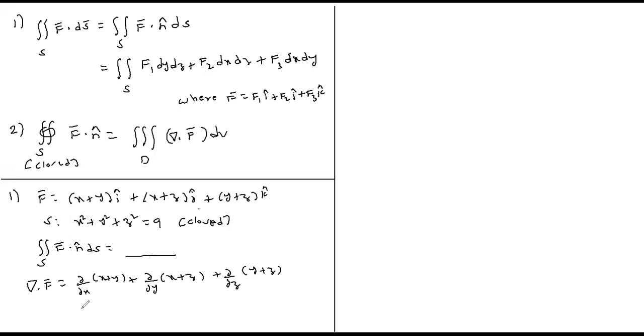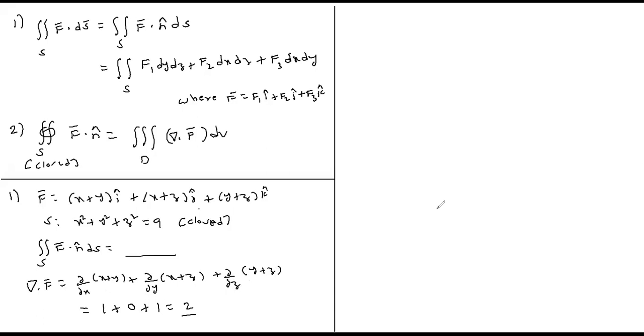The first component's derivative with respect to x is 1. The second component's derivative with respect to y is 0, plus the third component's derivative with respect to z is 1. So the divergence of f bar is 2.